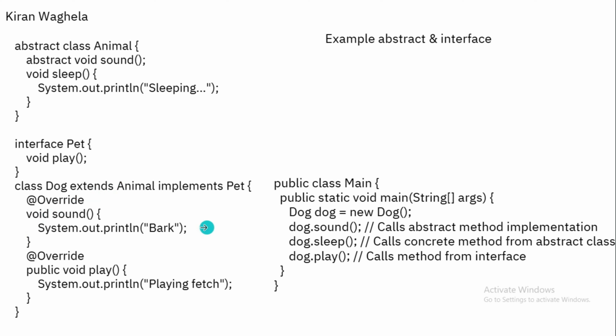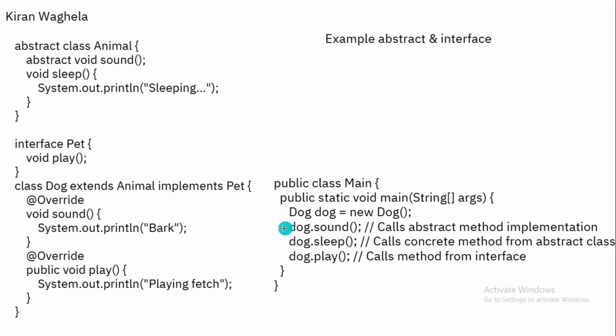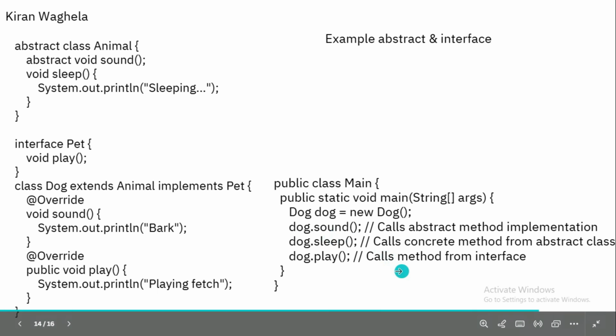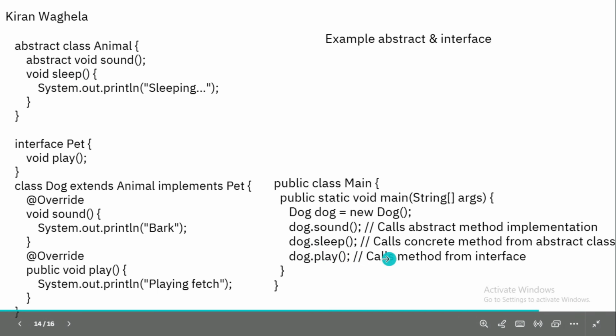So we can give the sound property here, and we can utilize the property of an interface like Pet. Pet has one method, which is play, so we can say we are playing with the dog. This way we can create an object of the Dog class and call the methods of the Dog class. We can also use the method of the abstract class Animal, the sleep method. So we can use it like this.